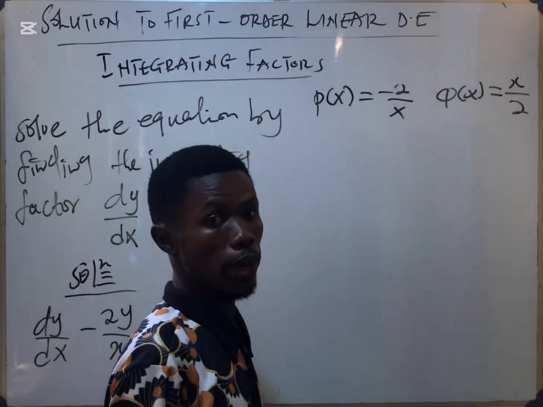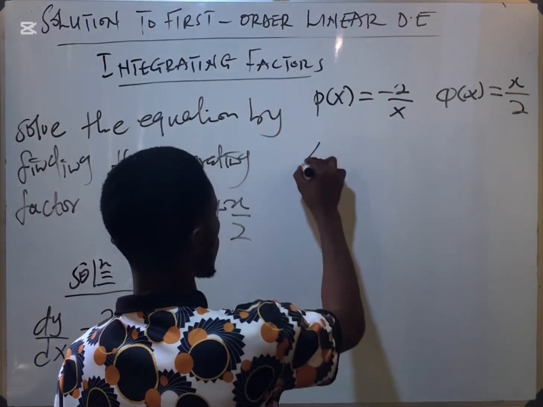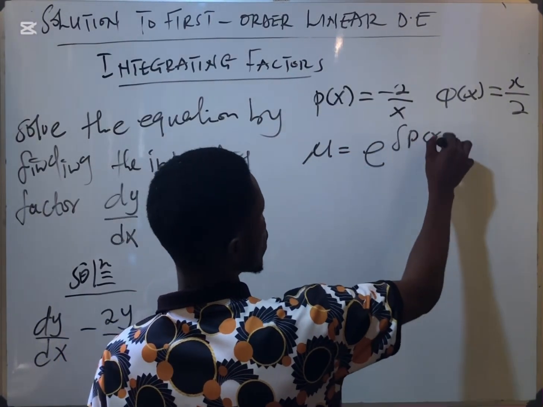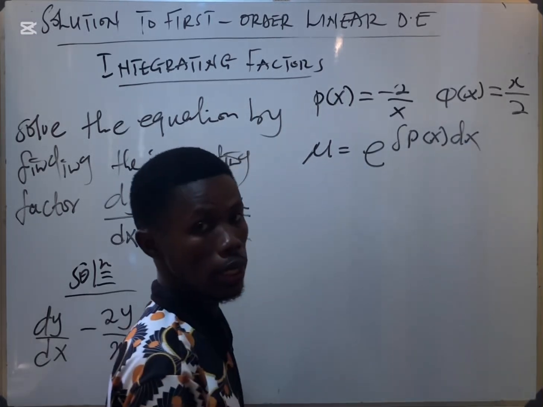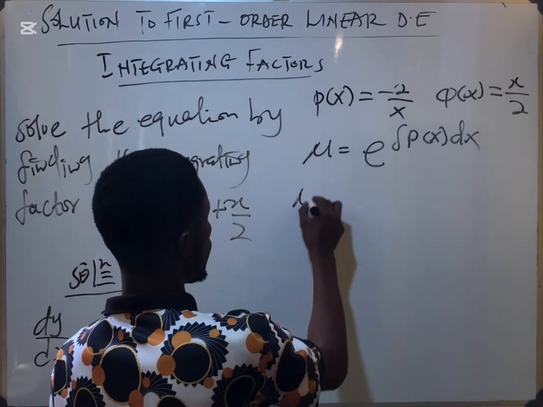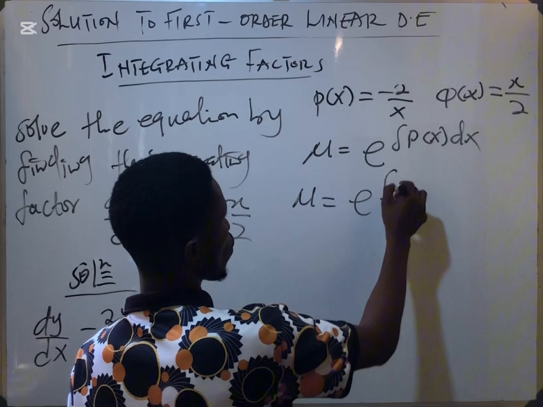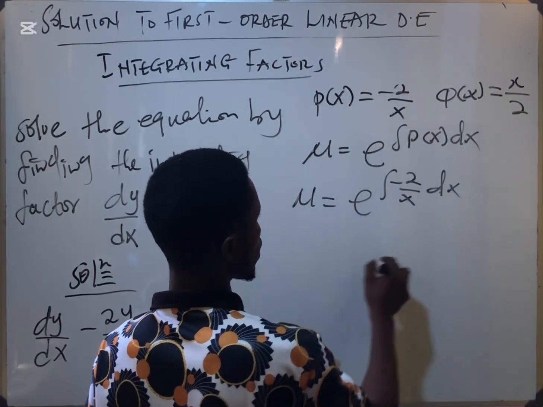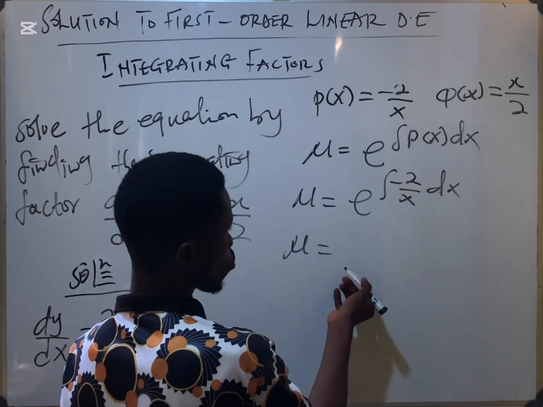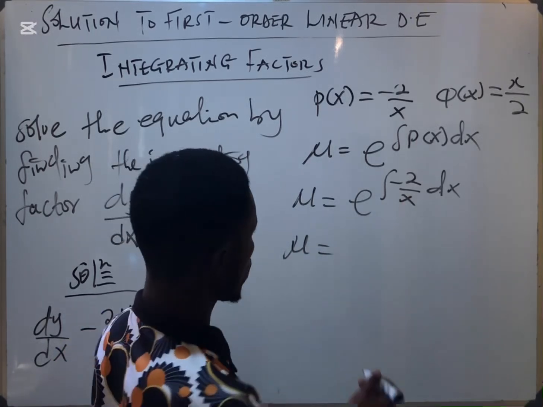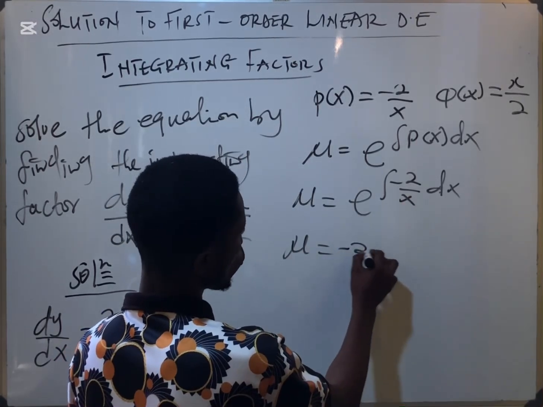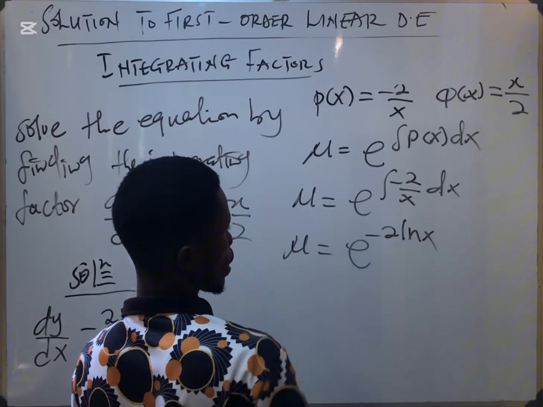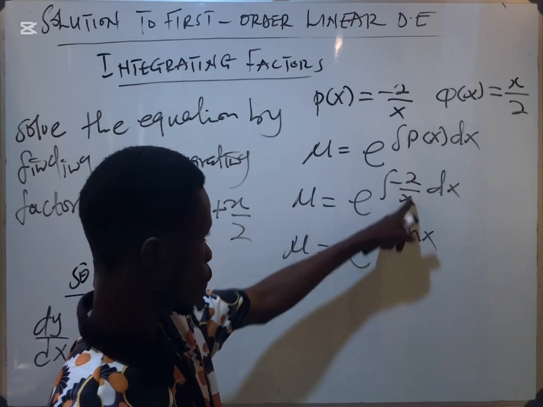Now that we are done, let's write the formula for the integrating factor. So we say mu is equal to e to the power integral of P of x dx. So mu equals e to the integral of negative 2 over x dx. When we do this, you are going to have e to the power negative 2 ln x, because it's a function and its derivative.